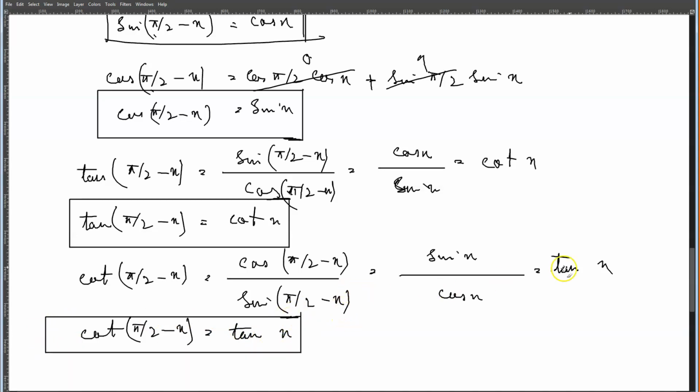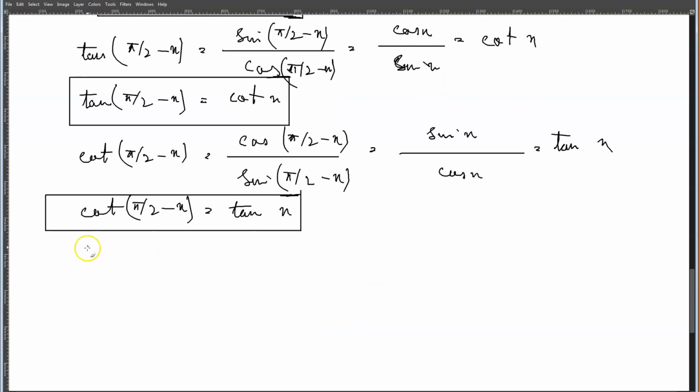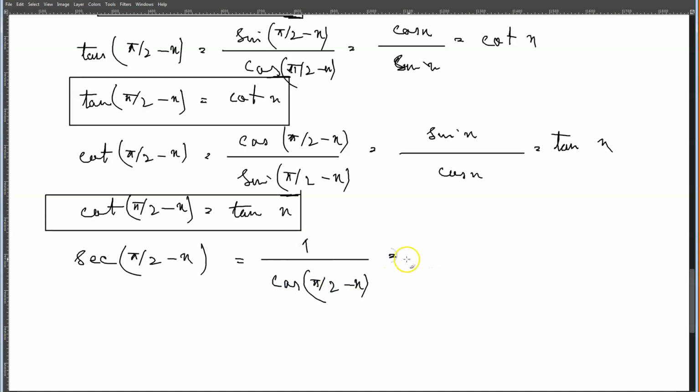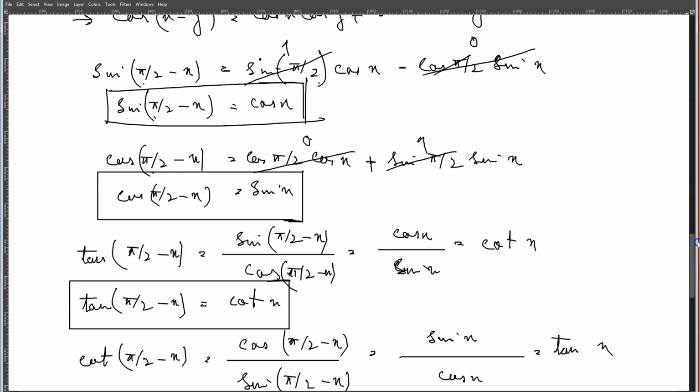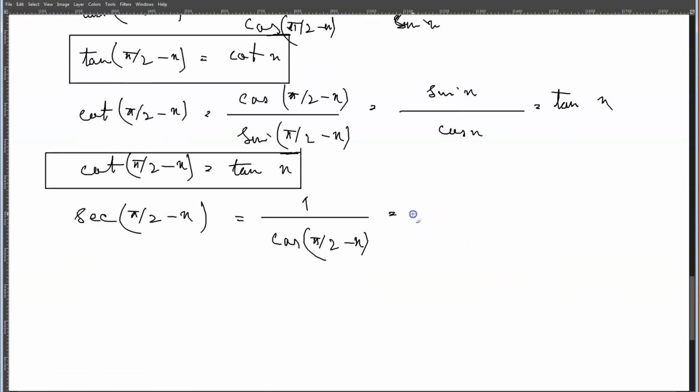Moreover, what you have here is that the secant of pi by 2 minus x is equal to 1 over cos of pi by 2 minus x, which is equal to 1 over sine x, which is equal to cosecant x.